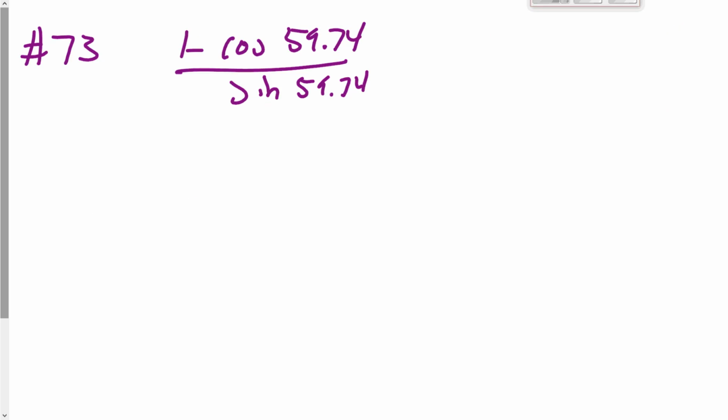So here we go. We want to go backwards here on number 73. We're looking at what half angle formula this is. Since we don't have the square root, we know it's tangent, right? And what's the angle? The angle is always going to be the same in both. So the angle is 59.74, that's our a.